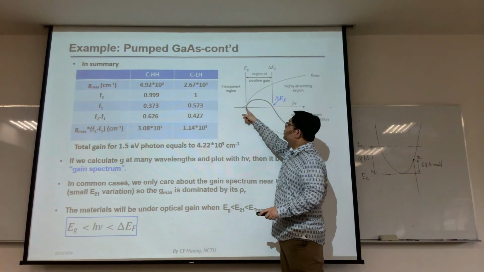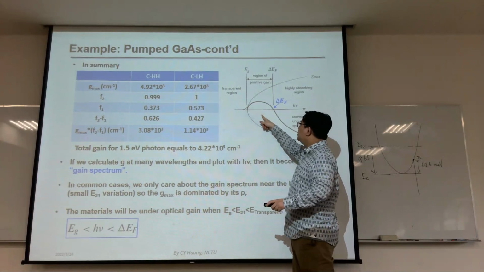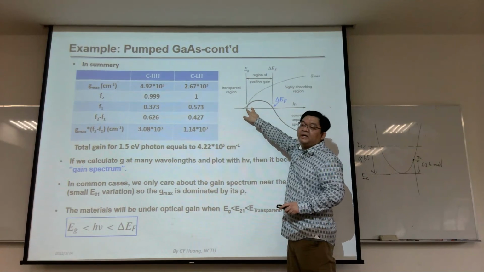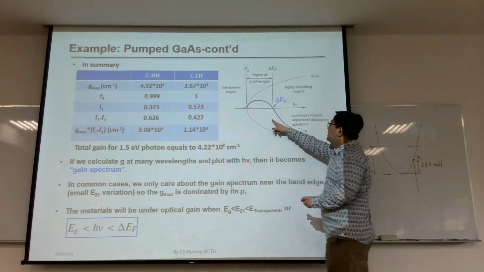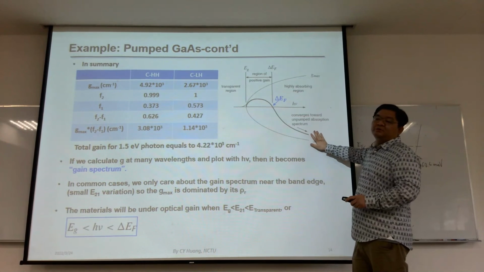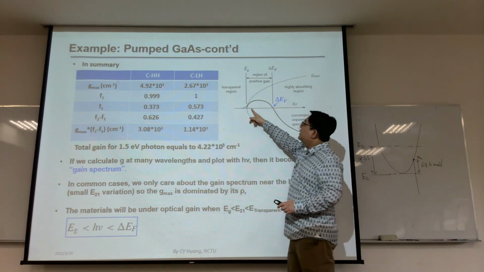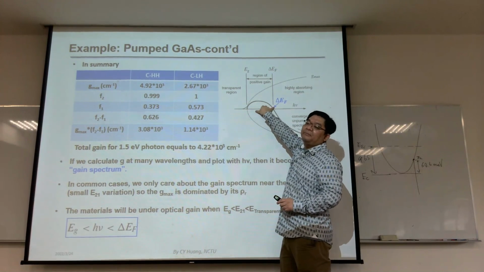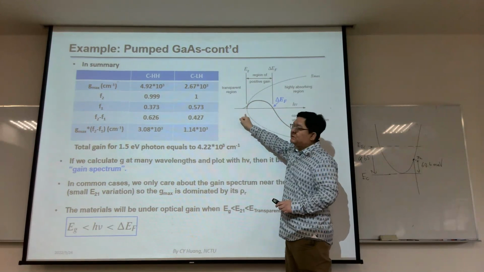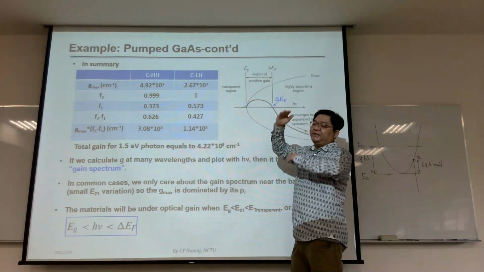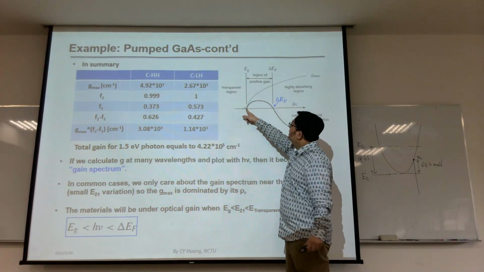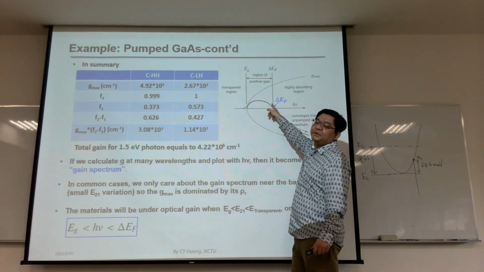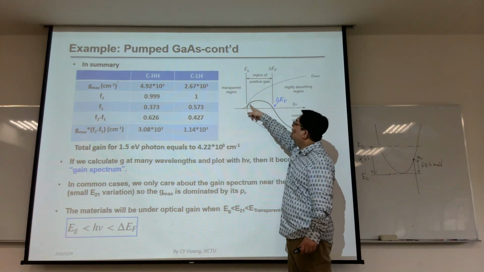When it becomes stronger, you have a small region which might have positive gain near the band edge, but it eventually merges to the Gmax. As you pump harder and harder, there will be a segment with positive bandwidth between Eg, or in the quantum case, the energy difference between the ground states. Because the lowest end is population inversion, the transparency condition, and the higher position.